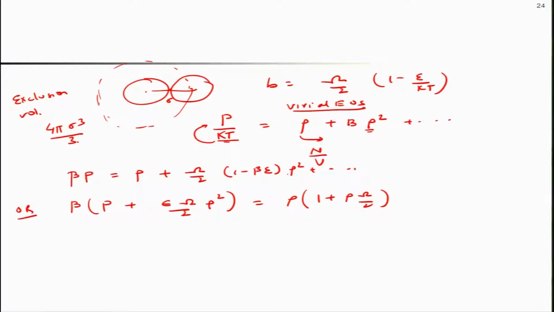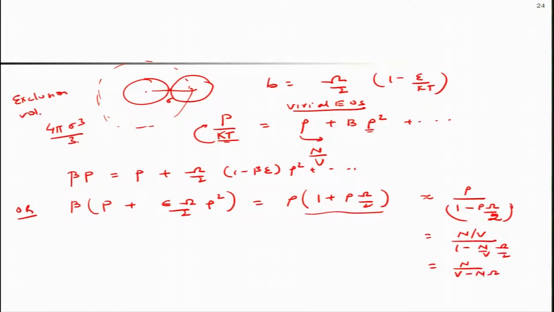Rearranging this term, I can approximate it as rho by 1 minus rho omega by 2. If I approximate this, then I get this expression, which is nothing but n by V divided by V minus n omega by 2.